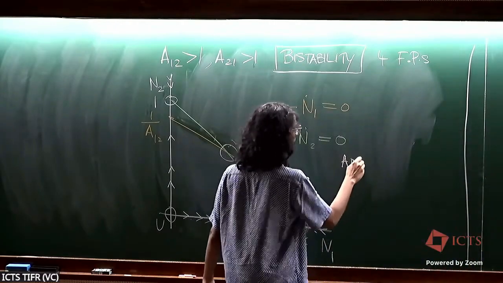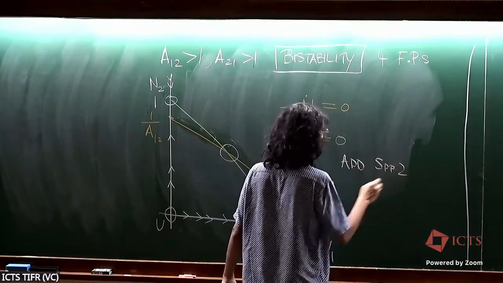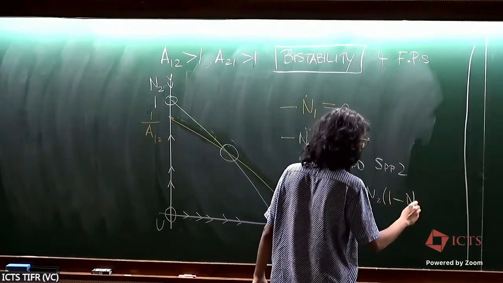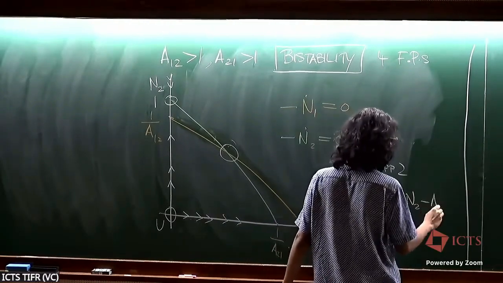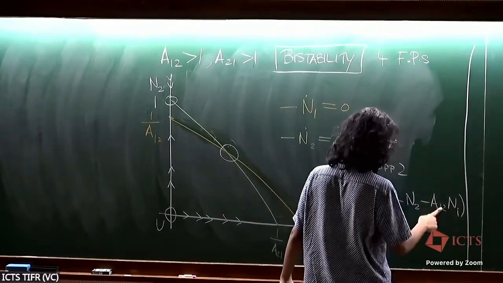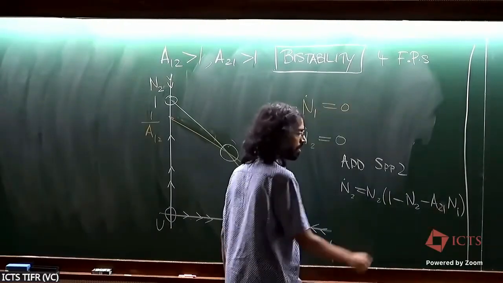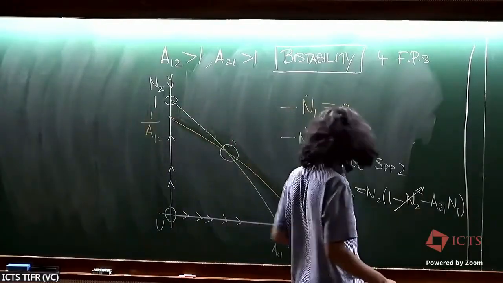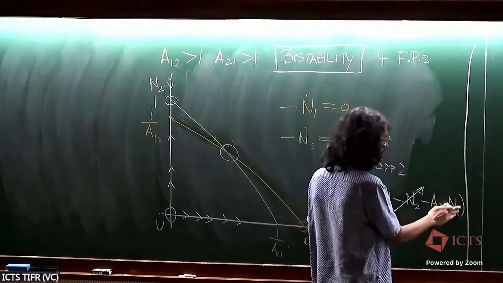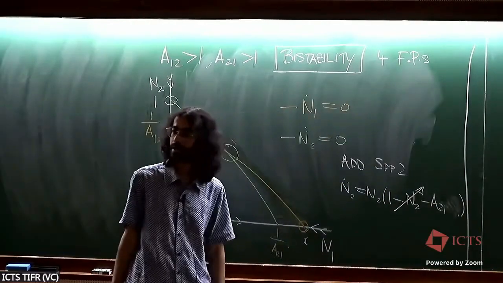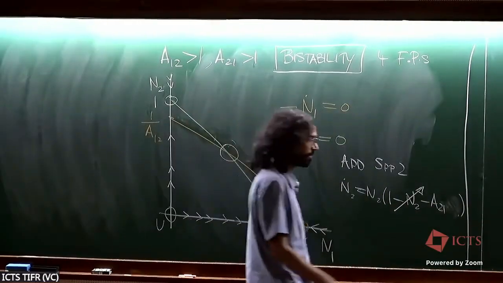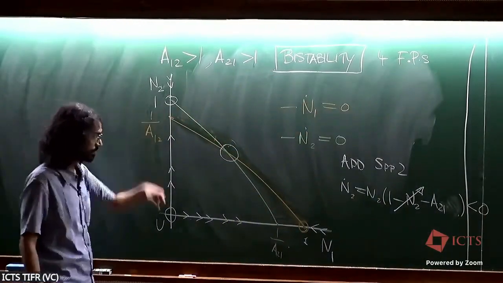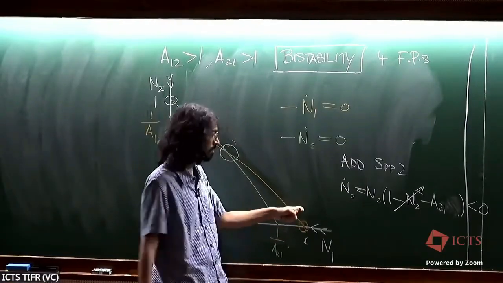So you add species 2, look at n2 dot. n2 dot is n2 times (1 minus n2 minus A21 n1). n2 is very small because you are doing an invasion. n1 at this fixed point is 1. So you end up with 1 minus A21, and that's negative, right? Because now A21 is larger than 1. And so indeed, if you try to now invade with a little bit of species 2, you actually come back.